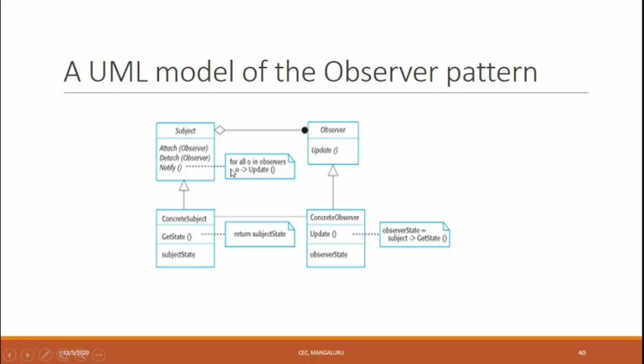If there are multiple users, they inherit all the attributes and functions from the observer as well as from the subject. If there is one subject, okay. If there are multiple subjects, they inherit the attributes as well as members of the subject.